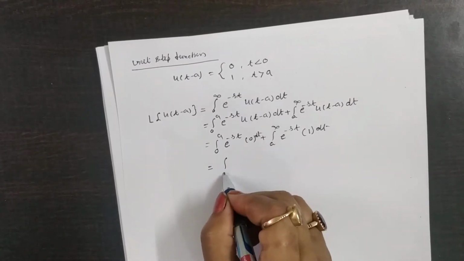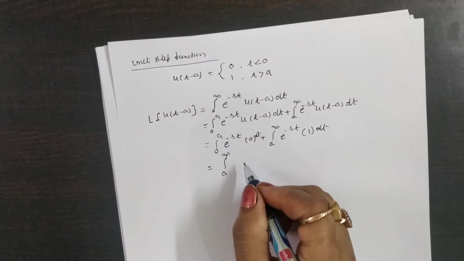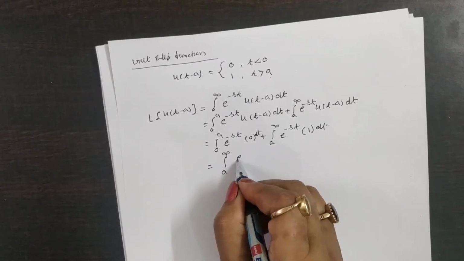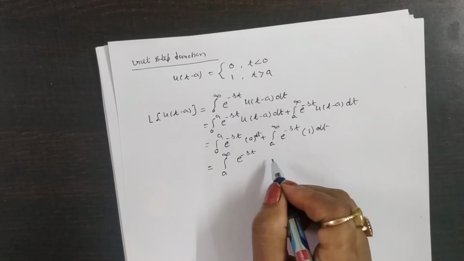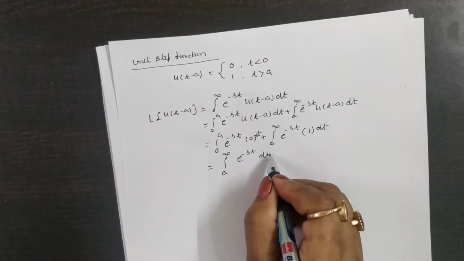We are left with the integral from a to infinity of e to the power minus st dt.